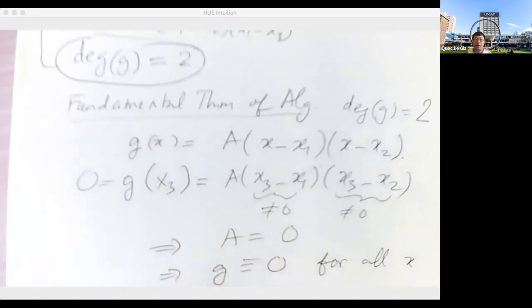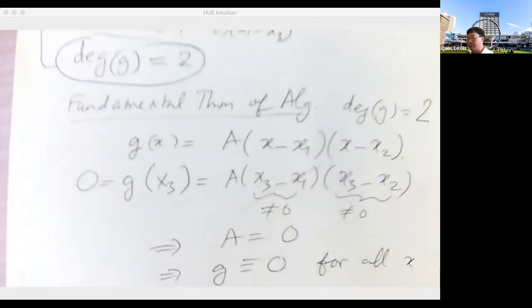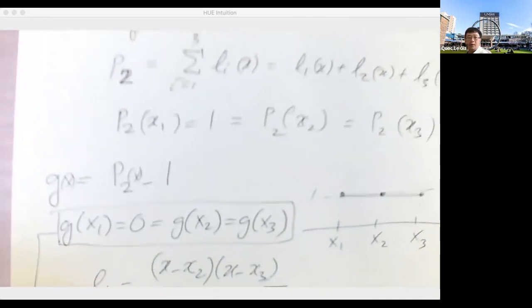So you get the idea, right? You have 2 steps. You cannot just say, take f equal 1, then I can prove the sum of Li equals 1. It's not done yet. You have to invoke the fundamental theorem of algebra, because it equals 1 at n plus 1 points, and the degree is only n. You can make this proof for general n.